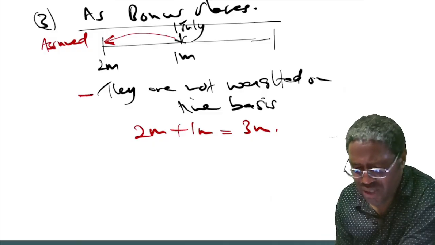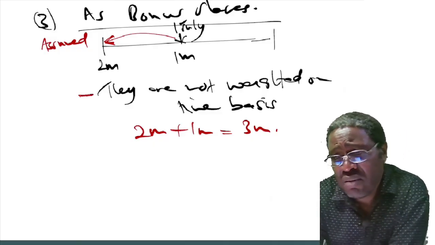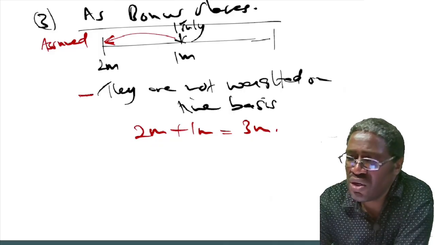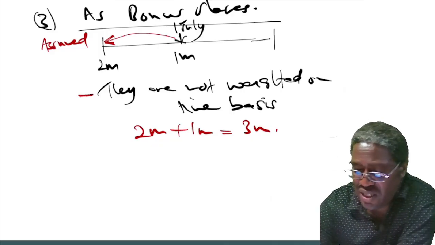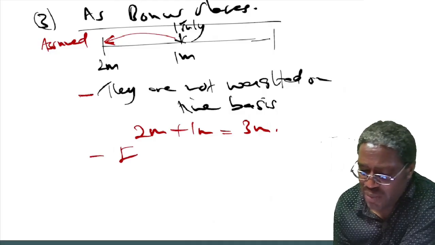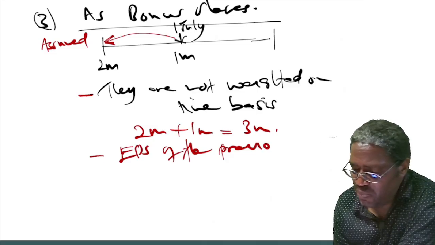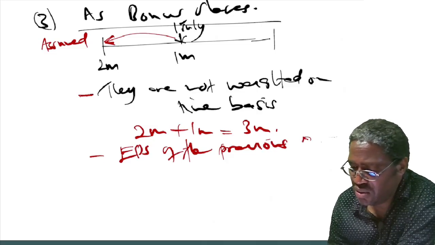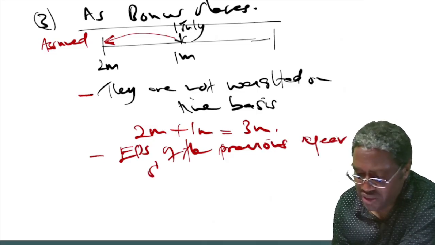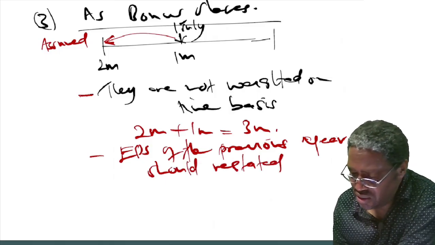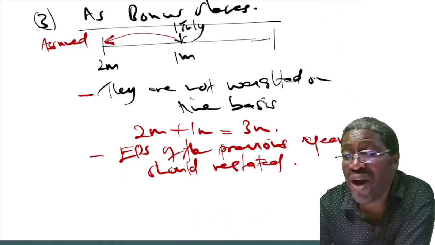That's point number 1 for bonus. But there is also another key important point you should remember concerning bonus: the EPS of the previous year should be restated. We normally say for comparison purposes.